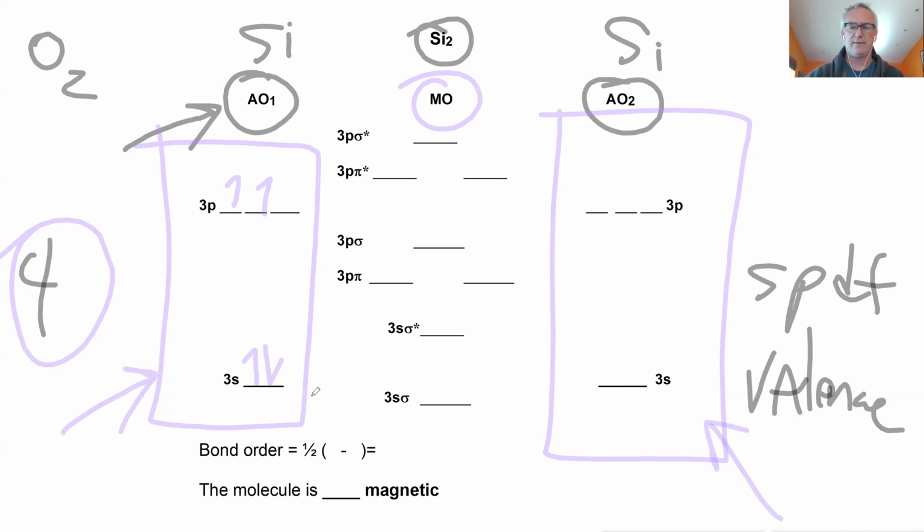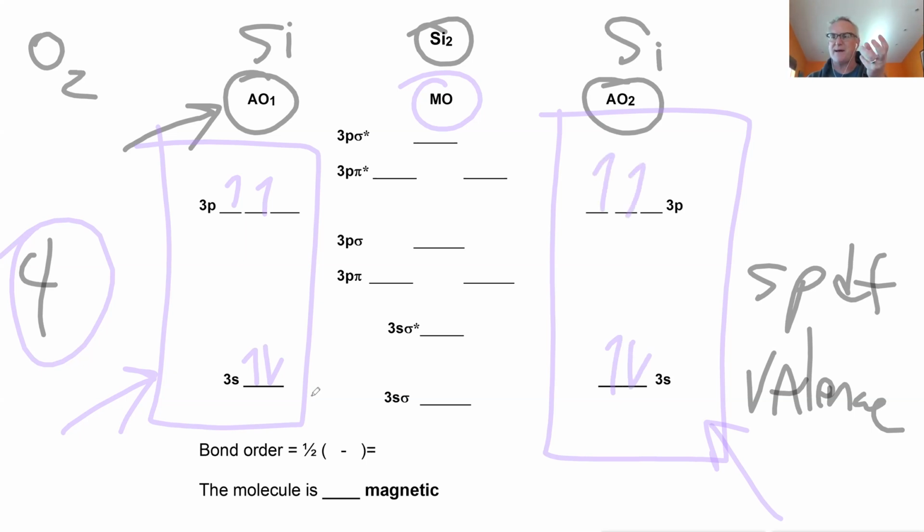What about the other side? Wouldn't it be the same thing? Yes, it would. It's the same thing. It's silicon on one side, silicon on the other side, so it's exactly the same on the other side.